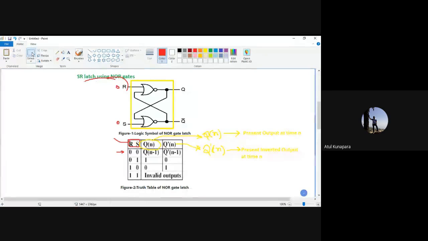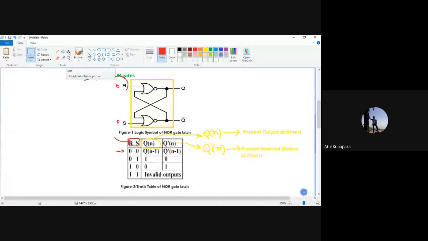When R and S both are made 0, 0, at that time, as the reset input is 0 and S is also 0, your output will remain Qn. Qn means your present output, and Qn dash means the present inverted output. Both will remain at this value. Now you have to understand here, it is Qn minus 1 and Q dash n minus 1. We are talking about just before that moment.